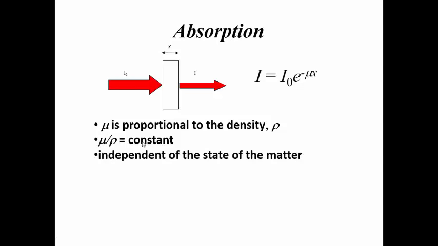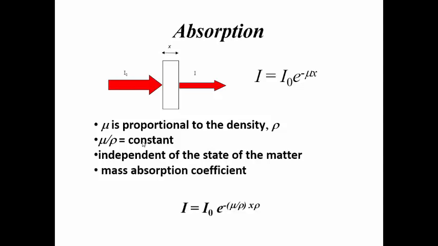So this constant is independent of the state of the matter. It only depends on the material itself. For example, oxygen in gaseous form or oxygen as part of a compound like H2O, the mass absorption coefficient would be the same.